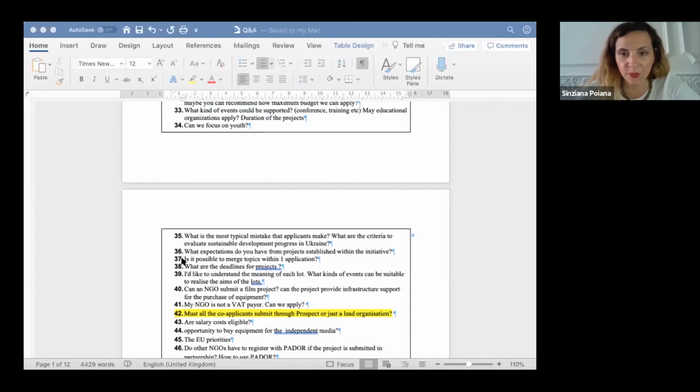We can refer you back to the guidelines, but you need to have your own assessment of whether you're eligible or not by looking at the criteria for eligibility in section 2.1.1, respective to the lot where you want to apply, and pay attention to the definition of civil society that is also in section 2.1.1. So you will see that only lot 2 allows for public organizations with a specific profile to receive this funding. And you will see that, for example, local authorities are eligible only as partners under lot 2.